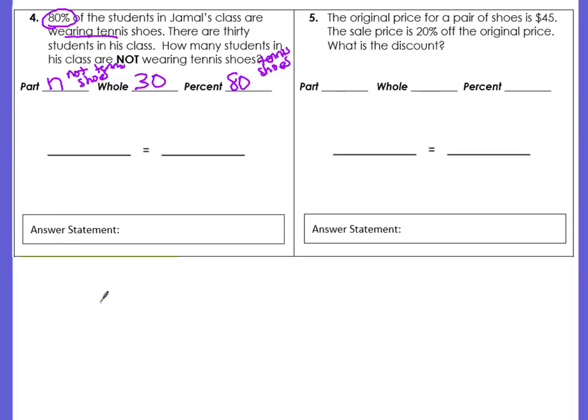All of the students, all of them is 100%, right? Okay, well, if 80% are wearing tennis shoes, that means the rest of them are not wearing tennis shoes. So what percent is not wearing tennis shoes?